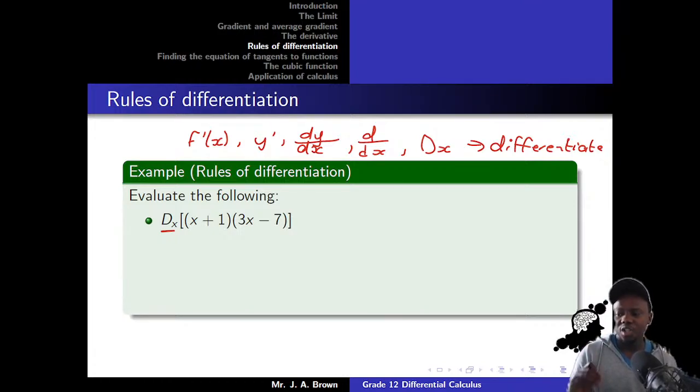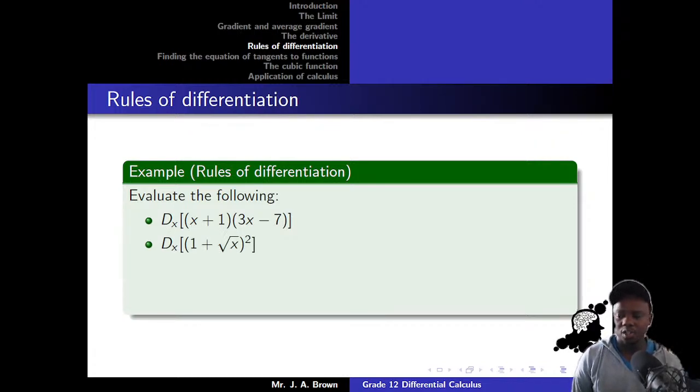If you need a revision or refresher on laws of exponents, on the channel I've got a complete course on grade 11 exponents and surds. Please check it out and familiarize yourself with exponents, because it really helps when looking not only at calculus but also at functions. Perfect. Let's move on to the next question.